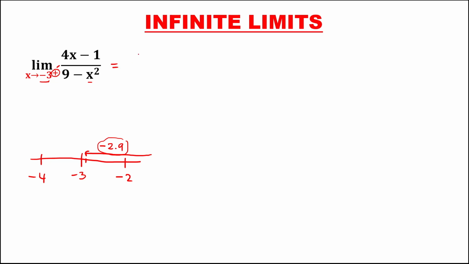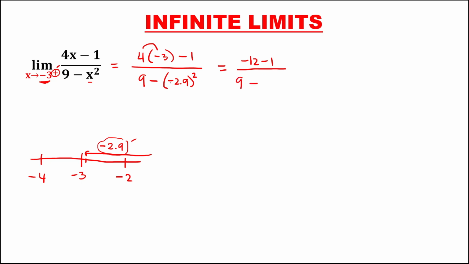So this becomes 4 times, in the numerator, negative 3, then minus 1, over 9 minus, in the denominator, use this value, negative 2.9 to the power 2. Then to simplify, this one is negative 12 minus 1, over 9 minus negative 2.9 to the power 2.